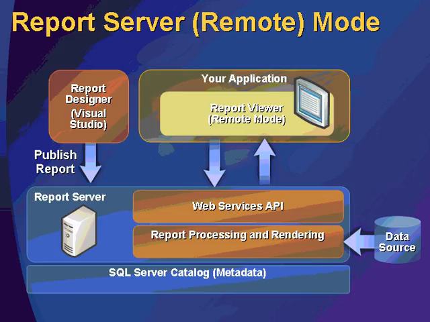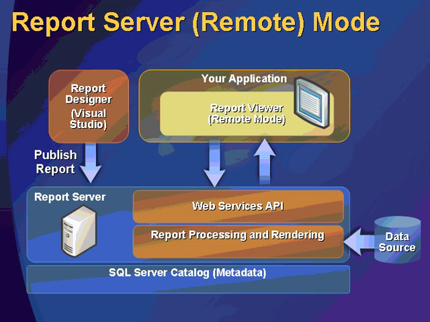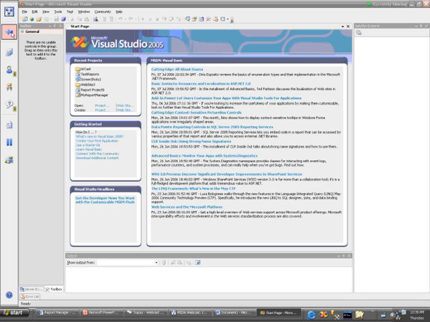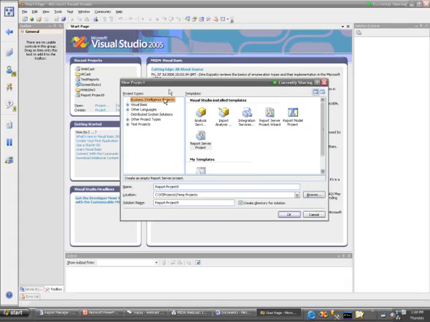So let's take a quick look here. Here I have Visual Studio with me, and I am going to create a new project. And you can see here on the project type, I have Business Intelligence projects, and I have the other language projects.